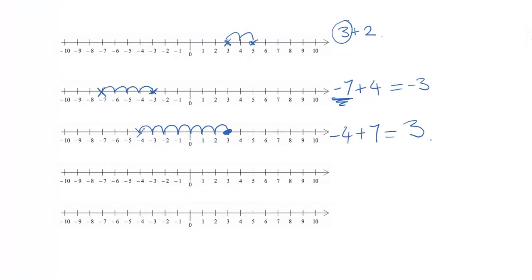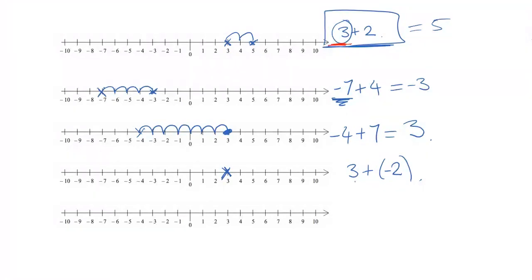So what would happen if we stick with addition just for a moment, but use some negative numbers? Well, we've already seen that 3 plus 2 is going to be 5. What would happen now if we did 3 plus a -2? Well, clearly we're going to start at the same position on the number line as before, because that first number is identical.